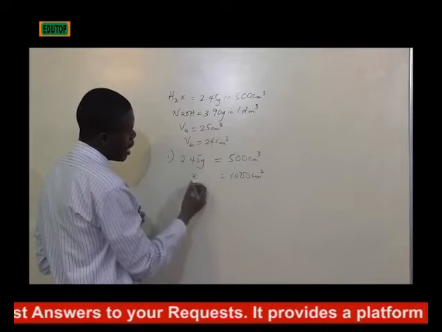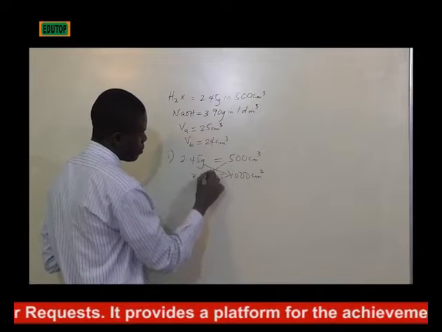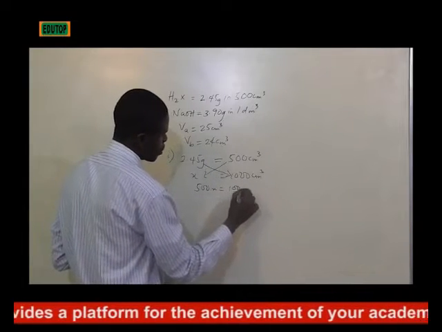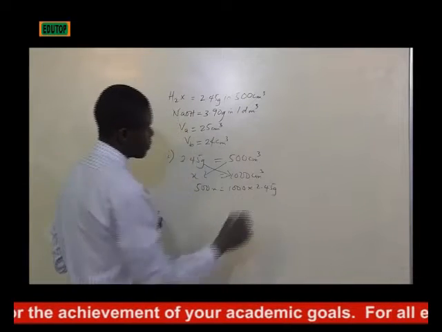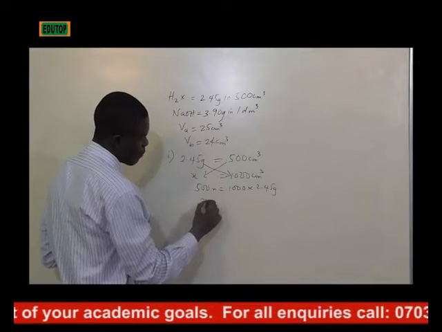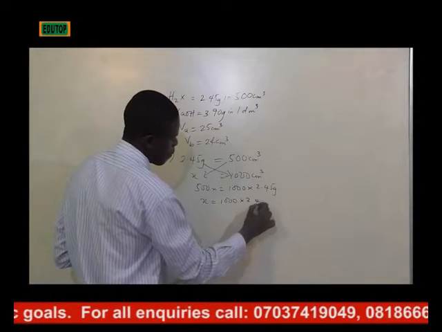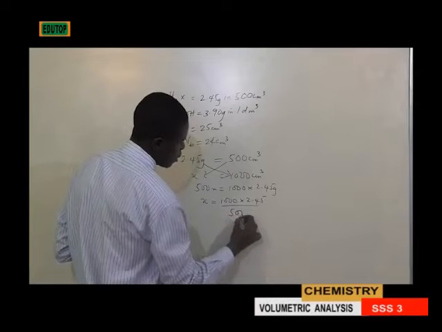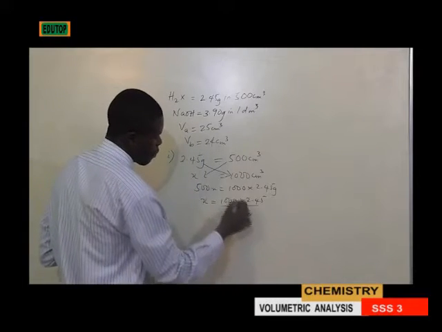So here, let the mass be X. If we cross multiply, we are going to have 500x equals 1000 times 2.45 gram. Then, dividing both sides by 500, you're going to have 1000 times 2.45 over 500.